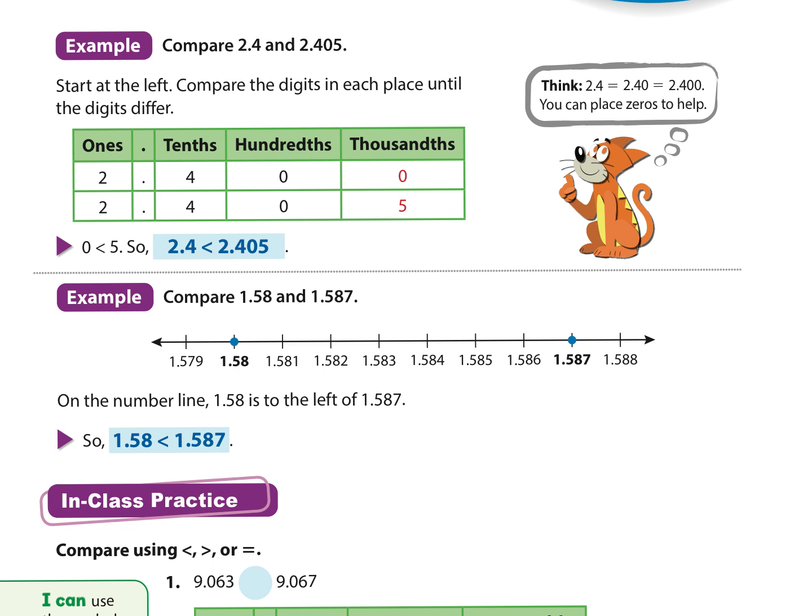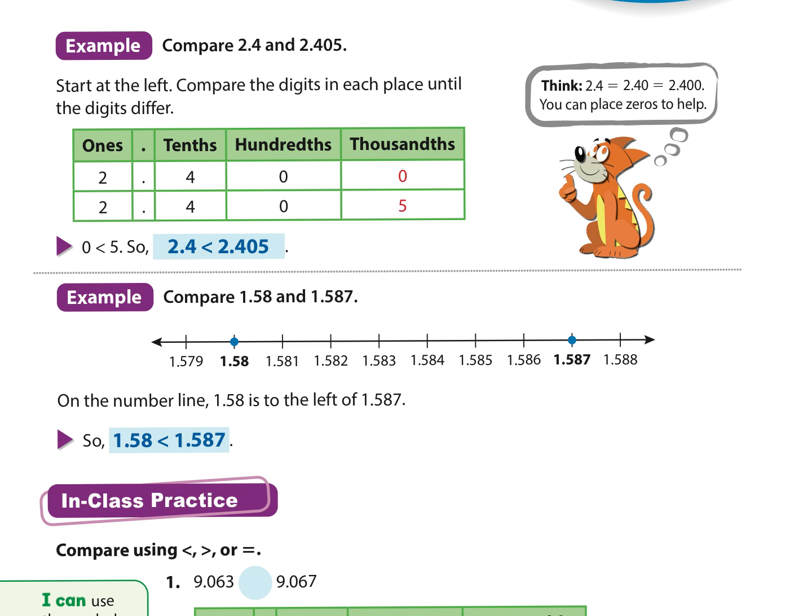Okay, our little cat friend says, think about this. 2 and 4 tenths is equal to 2 and 40 hundredths, which is equal to 2 and 400 thousandths. You can place zeros and blank spaces to help you. I like to call those zeros zero the hero. Any zeros that I use to help me are called zero the hero. So if I ever say that, that's where that's coming from.